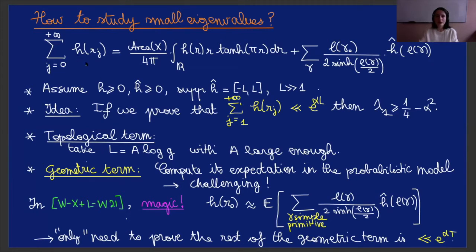So they actually managed to find a precise term here, to counterbalance the leading term here by a very concrete and explicit term here. So then you only need to prove that the rest of this sum, where you remove the simple primitive geodesics, is small.